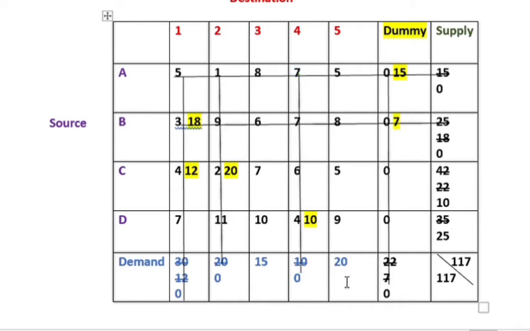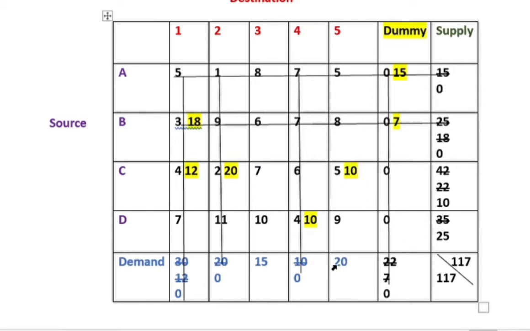So again we need to check the least cost in the remaining cells. So 5 is the least cost in the remaining cells, so we'll choose it. And now we need to check the respective demand and supply. Here is a 20 demand and 10 supply, so we can fulfill only 10 demand as we have only 10 supply. So I will write 10 here.